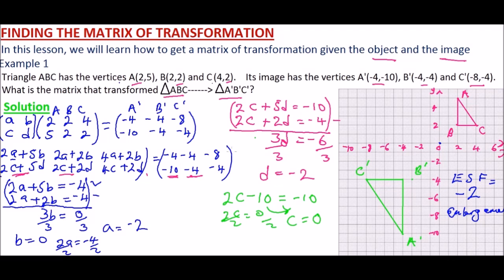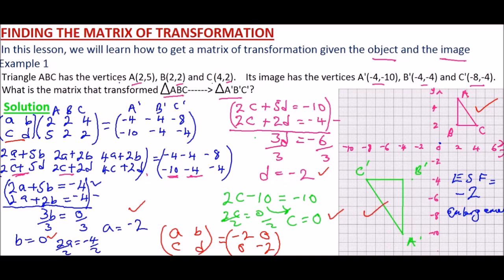Now, since we had defined our transformation matrix as a, b, c and d, that is our transformation matrix, it is equal to: we found our a is minus 2, we found our b is 0, then we found our c is 0, and our d, we found it is minus 2.